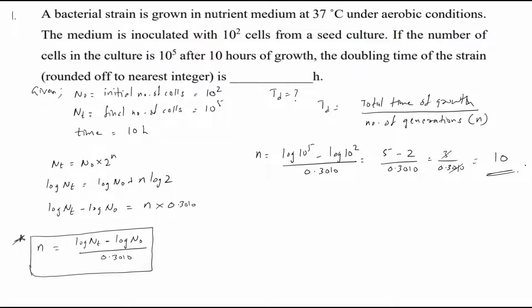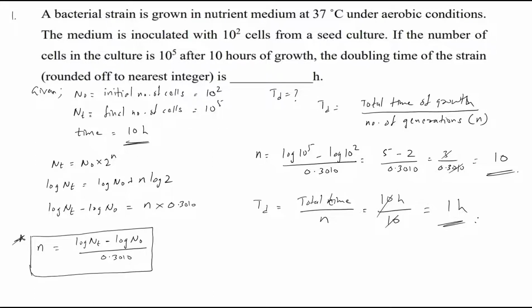So the number of generations is 10. We can easily find the doubling time now. It is the total time of growth upon n. The total time is 10 hours and n is equal to 10, so the answer will be 1 hour.